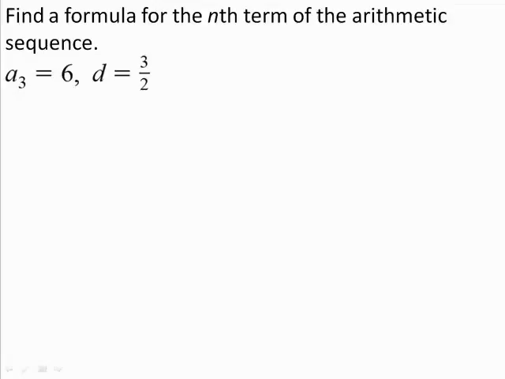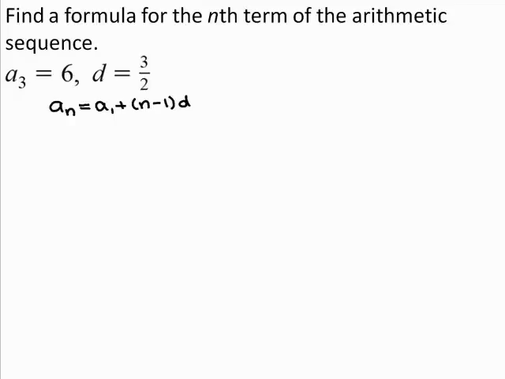Find a formula for the nth term of the arithmetic sequence. A sub 3 equals 6 and d equals 3/2. To find a formula for the nth term of this arithmetic sequence, you first need to find the value of a sub 1. To do this, use the formula a sub n equals a sub 1 plus the quantity n minus 1 times d.